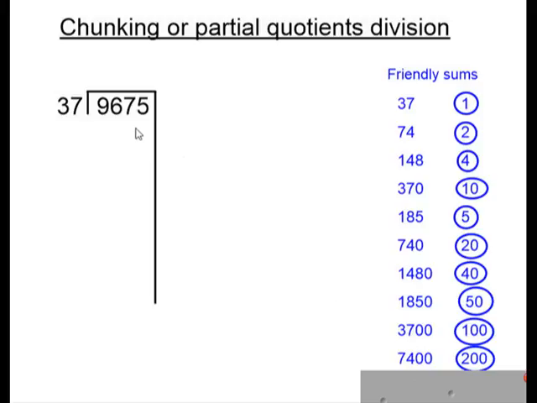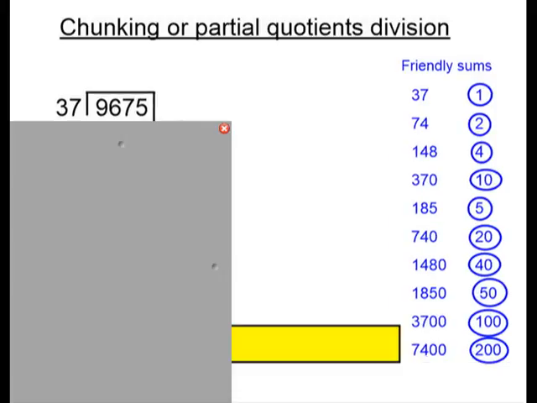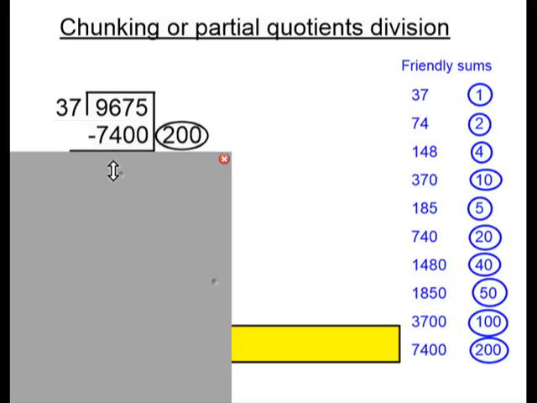I'm happy that I'm ready to start taking off chunks. Again, I look down my friendly multiplications to find the highest product that will fit into my dividend. In this case, that's going to be 7,400. So I write the 7,400 beneath my dividend, and I remember to write the 200 because it's 200 lots of 37 beside it.